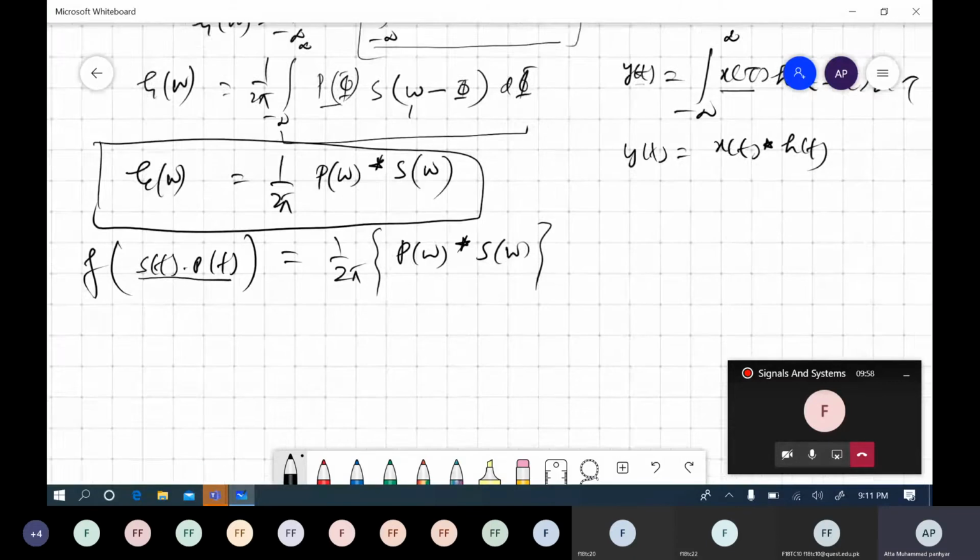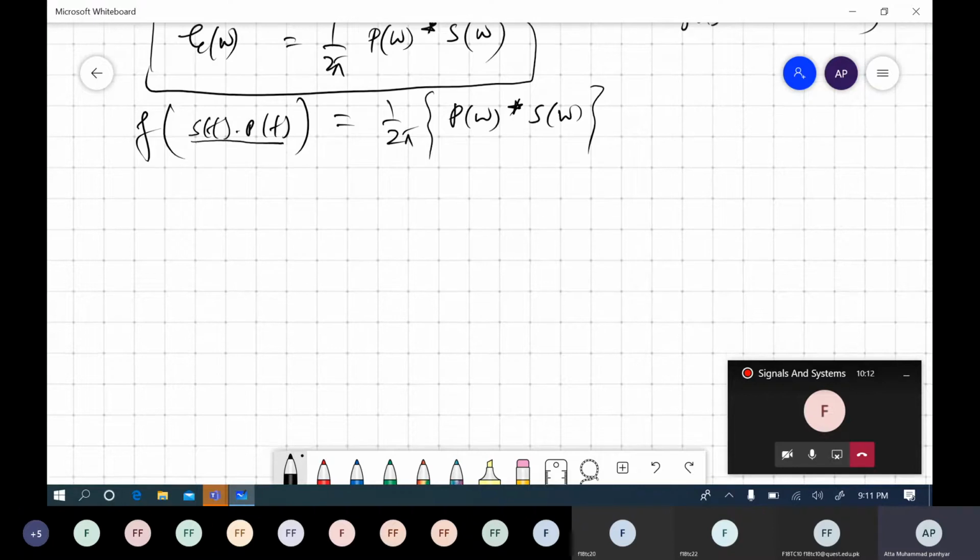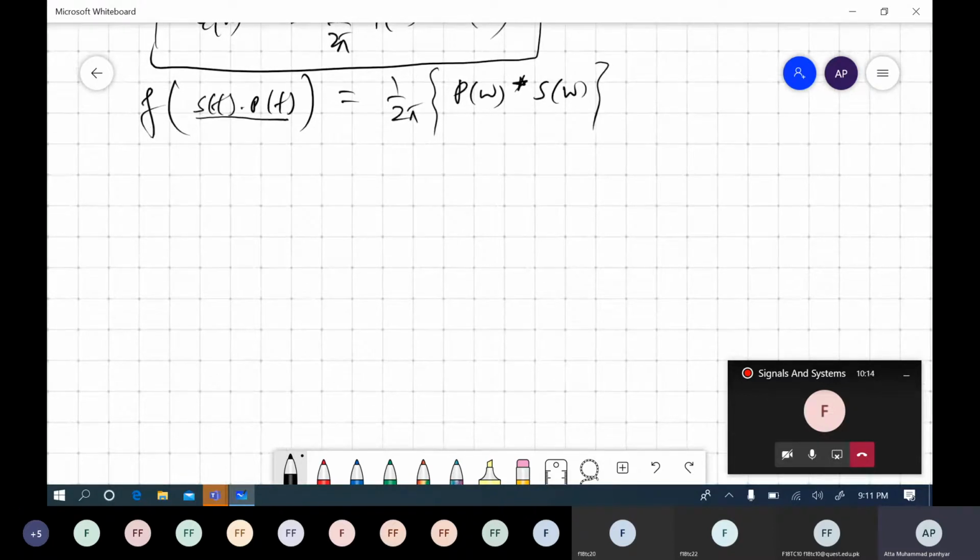There are some signals for which multiplication is very difficult in the time domain, but in the frequency domain we can convolve them easily. So we want to take a few examples for that.